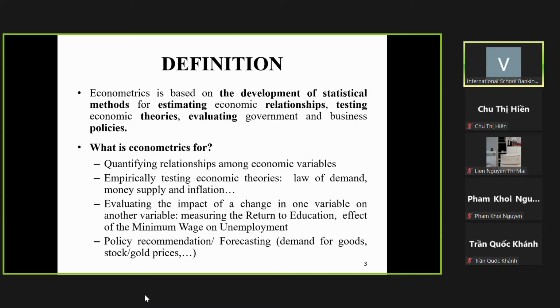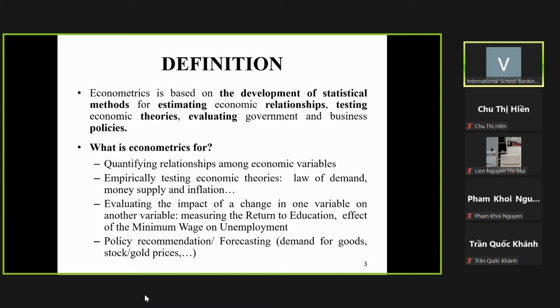But when we study in university as students, when we have a number, we need to understand why we have this kind of number, or what story this number can tell you. So based on the number, you have to say something, you have to provide a policy, you have to provide an explanation.